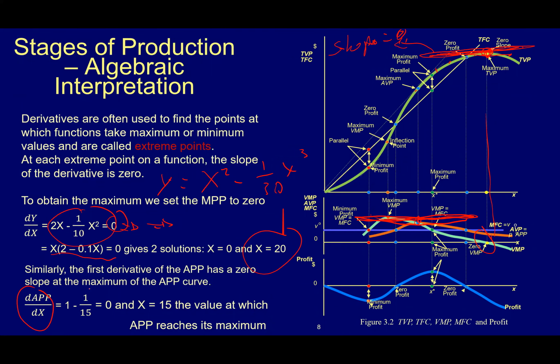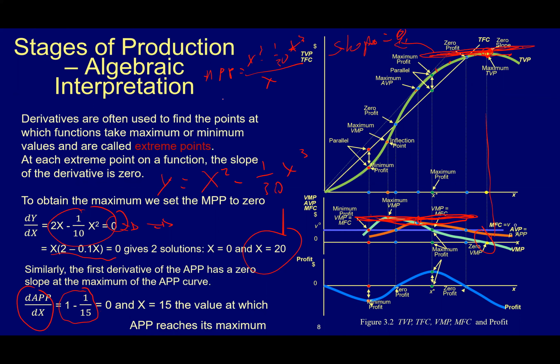First we obtain the average physical product, and then we set its slope equal to 0. So what is the average physical product? Average physical product equals x squared minus 1/30 x to the power 3, divided by x.